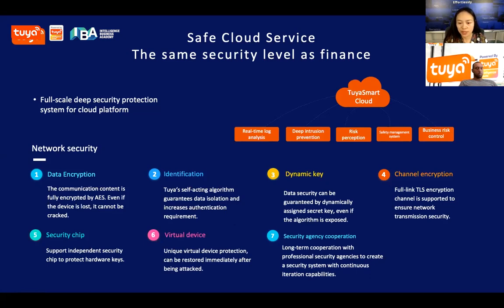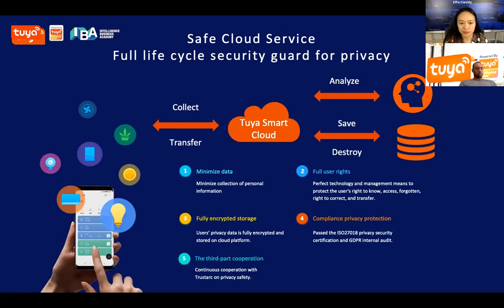Now we fully comply with the CCPA and GDPR. About the privacy part, we minimize the personal information collected from the end user to protect user rights, and use encrypted storage in compliance with privacy protection standards such as ISO.